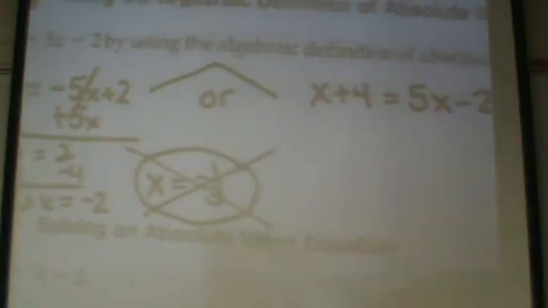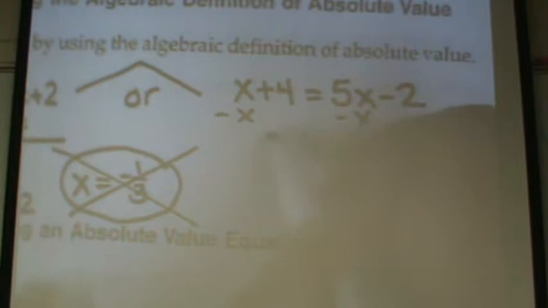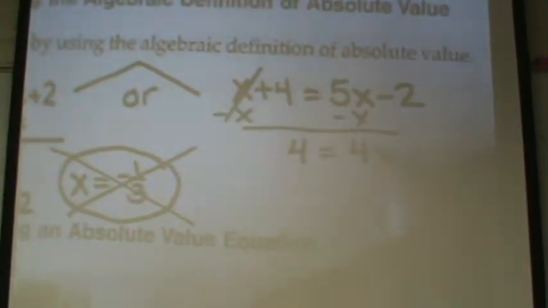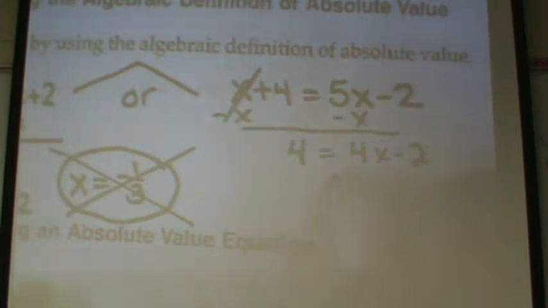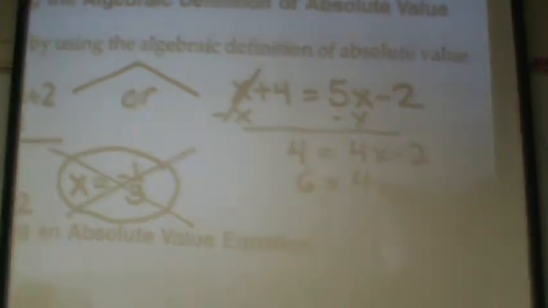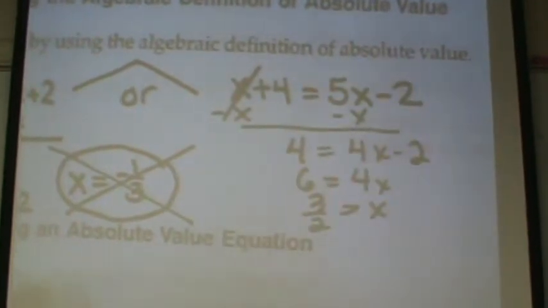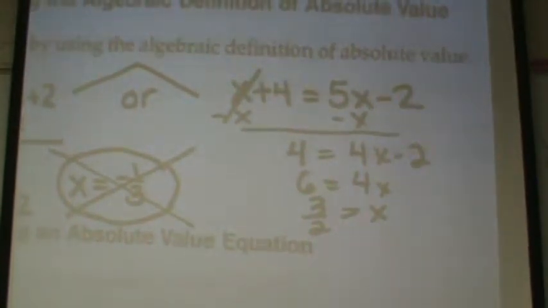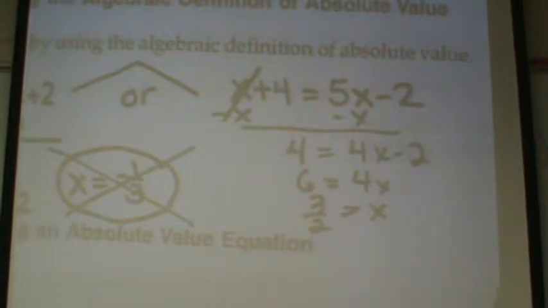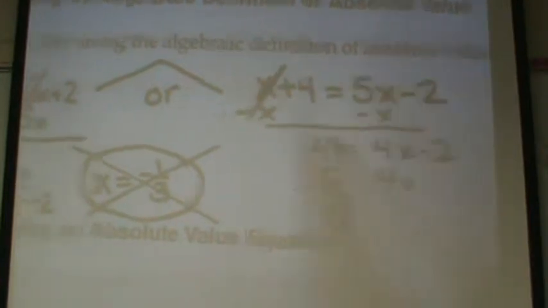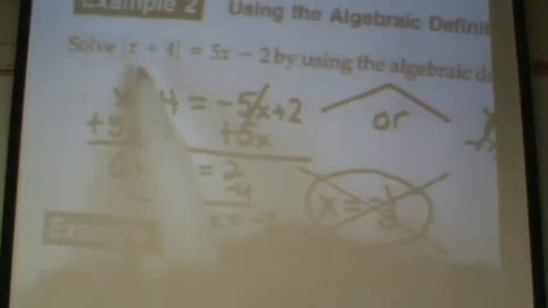Let's try this side. We would subtract x. You get 4 equals 4x minus 2. Add 2, you get 6, and divide by 4. You end up with 3 halves. 6 over 4 is 3 over 2, or 1.5. Now if you plug that number in here, it works.